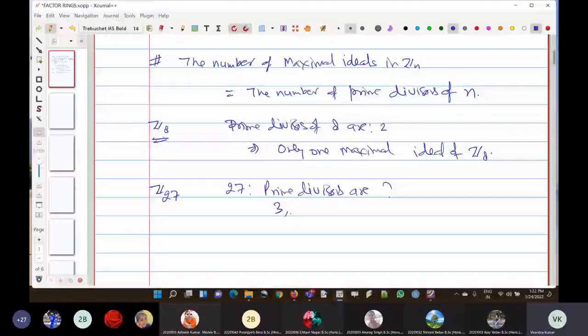So next, another thing. If R is a ring, and this is of P square Q type, then how many maximal ideals are there?